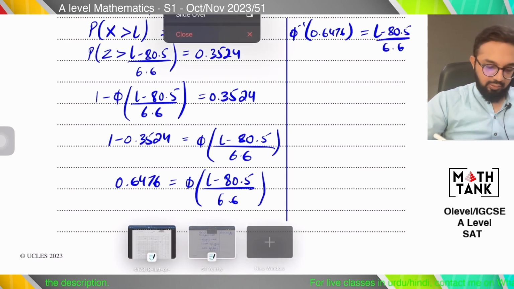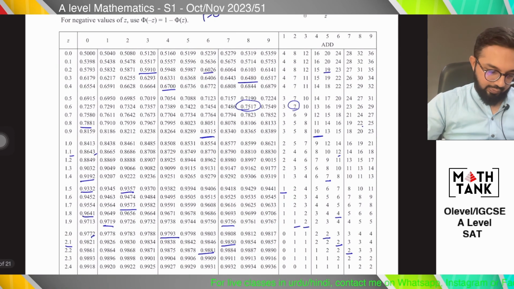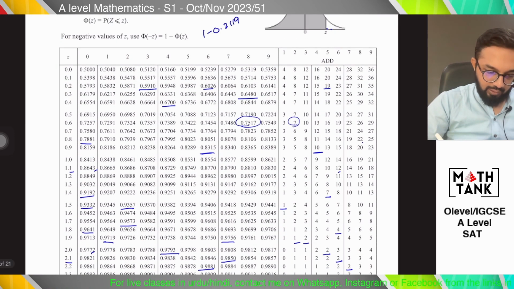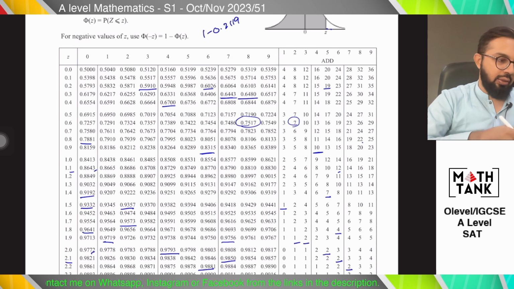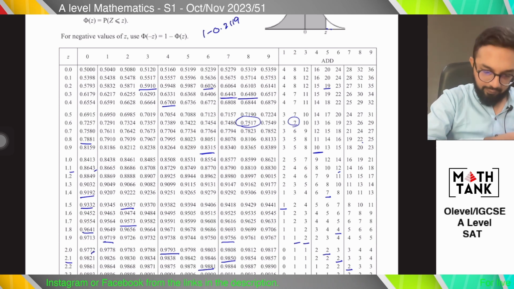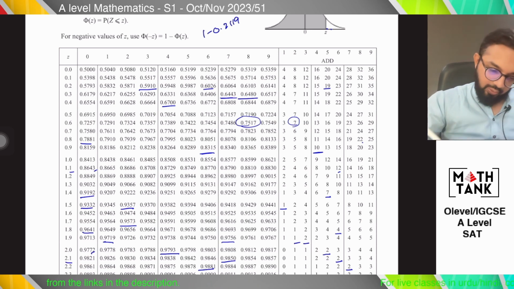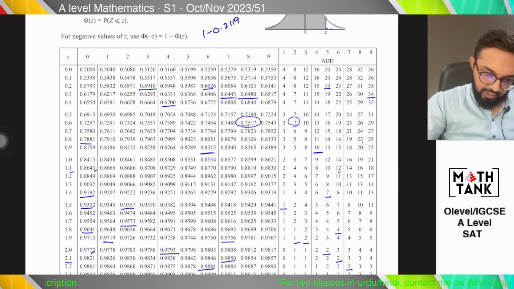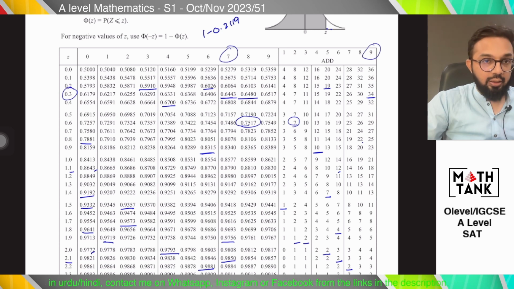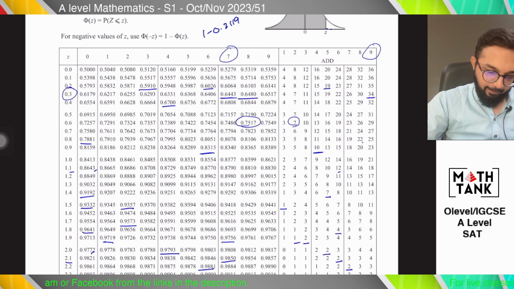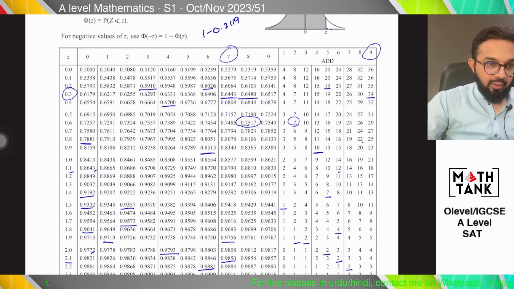Now I can do this on the calculator, but let's do it from the table only, since most of you will have the table. I have 0.6443, and 0.6476 minus 0.6443 gives me 33. I need to add 33, so I'm going to add 34 and say that this should be 0.379, I think.